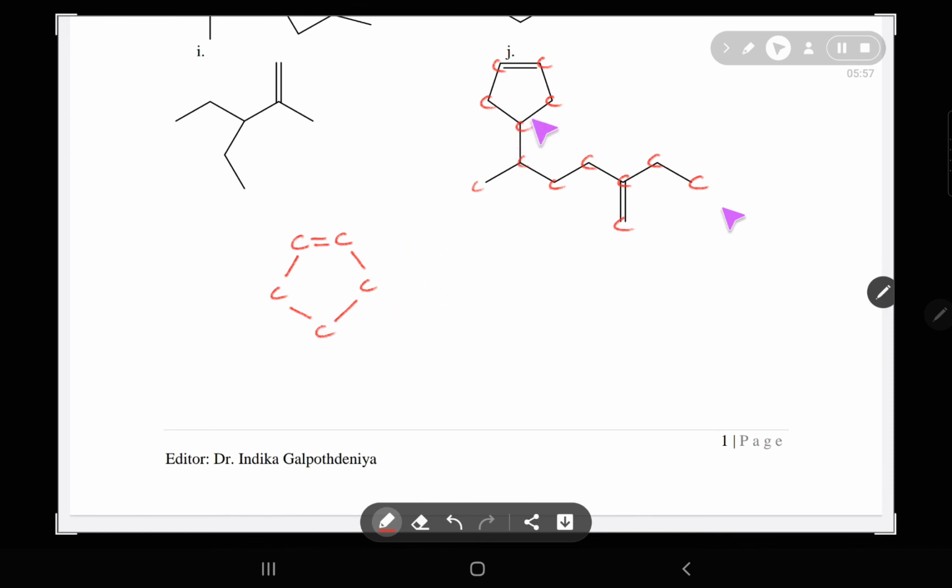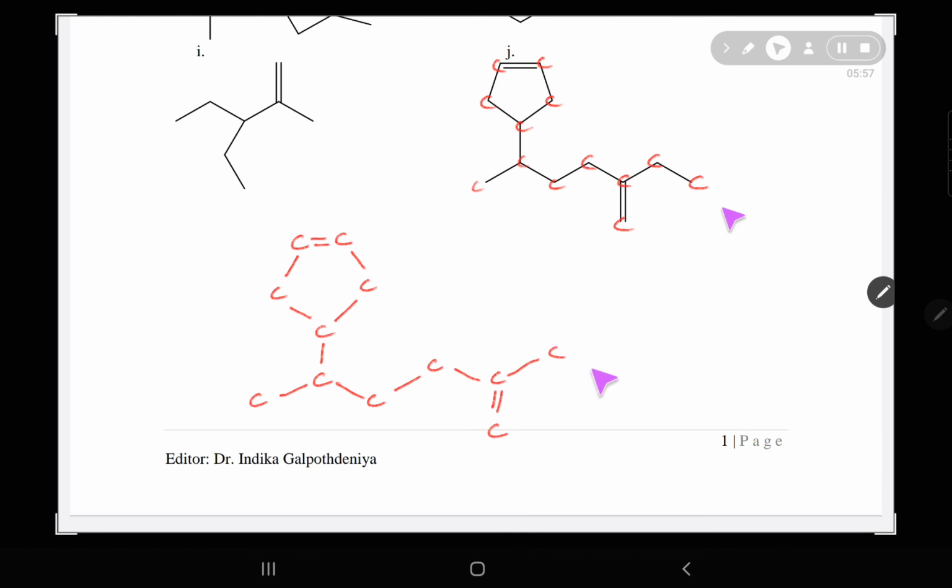Then you have another carbon going down, another carbon on this side, carbon here, carbon here, carbon here. I always try to leave some space to write the number of hydrogens. A carbon and another carbon. So we have the carbon skeleton exactly as our skeleton structure.